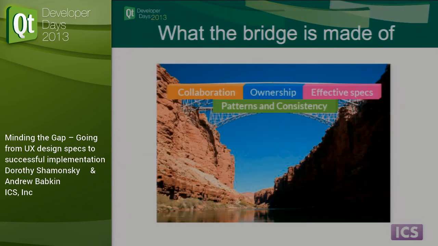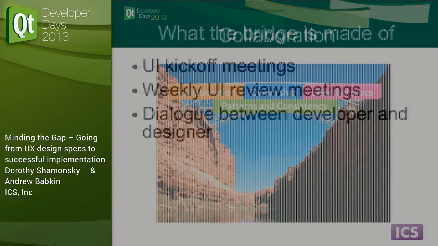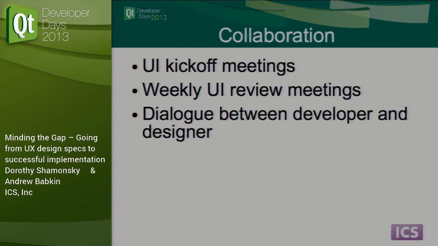If we get back to that bridge in the beginning, we can see the building blocks of this bridge. These are things we talked about, collaboration. To describe how collaboration benefits you, you should have UI kickoff meetings frequently, I mean in the beginning.